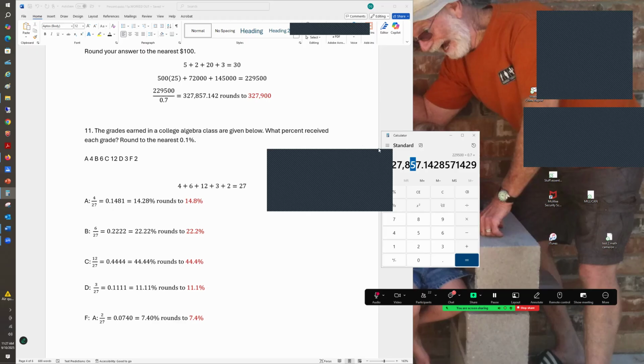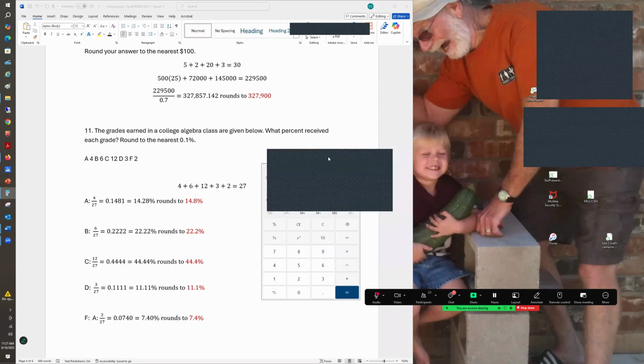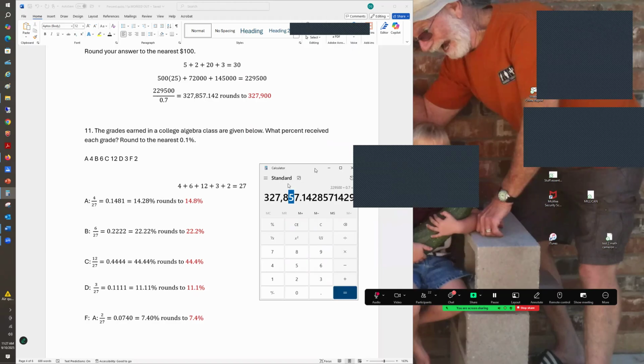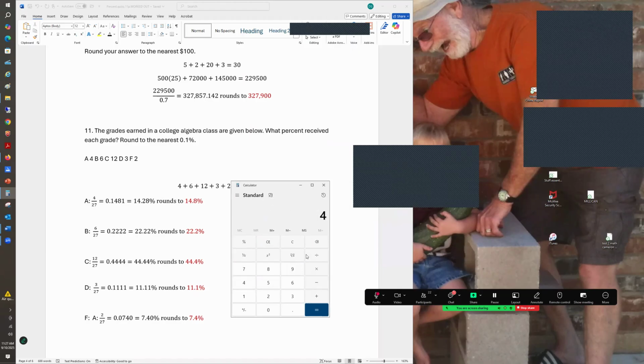Let's go ahead and take our little handy-dandy calculator here. 4 divided by 27. That's 0.1481, yada, yada. Change it to a percent, either mentally or physically, by thinking that's 14.81%.